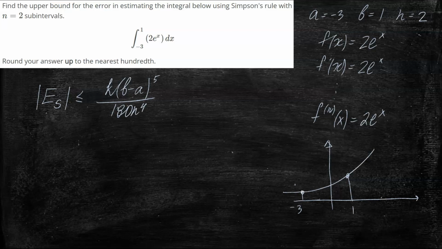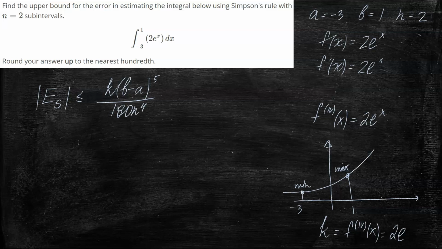So this is where it's minimum, this is where it is maximum. To find k, we just plug 1 into the derivative formula, so k is equal to 2e.